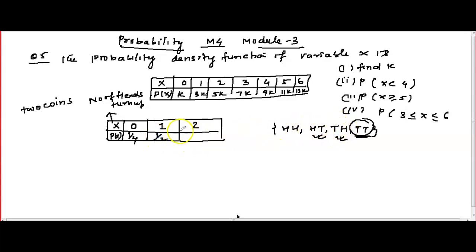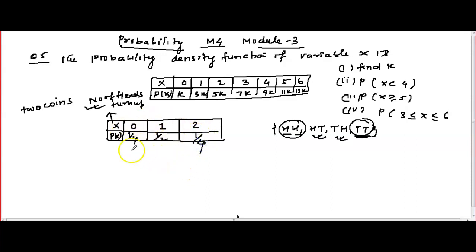For 2 heads, only one is possible, both heads, so I can write 1 by 4.